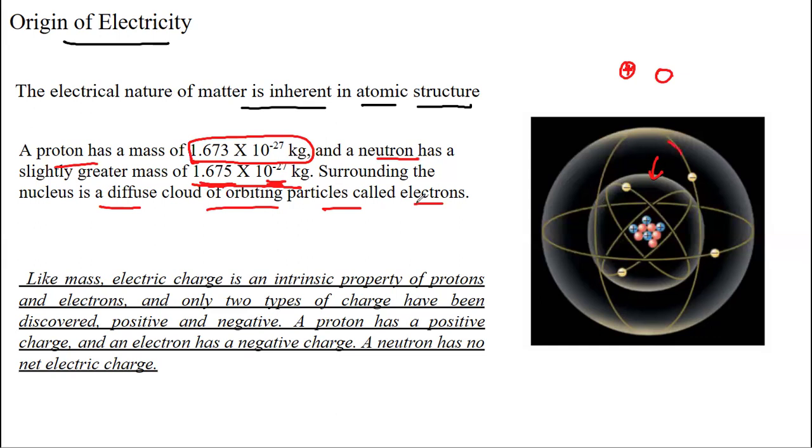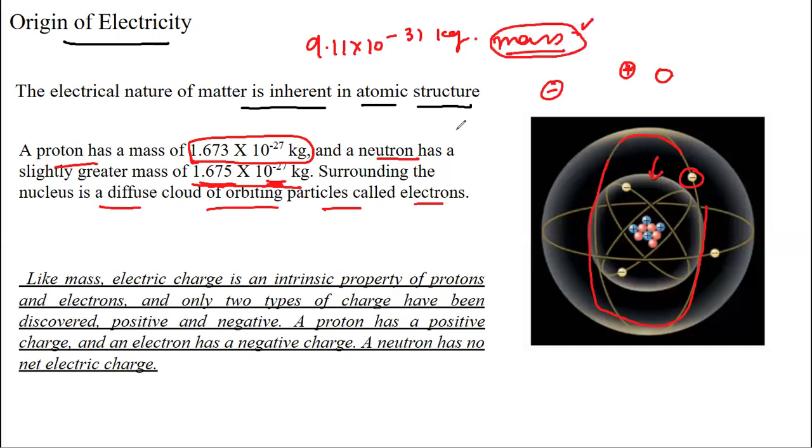So if you see over here, these electrons surround the nucleus. They carry negative charge. And the mass of an electron is 9.11 times 10 to the power minus 31 kg.